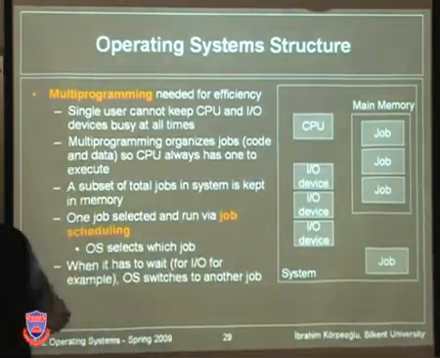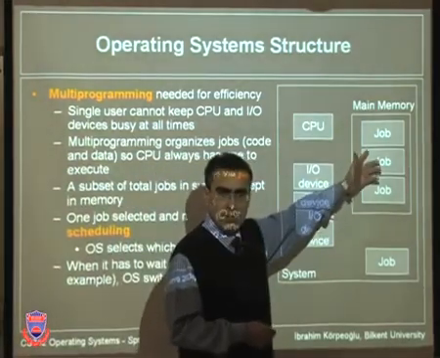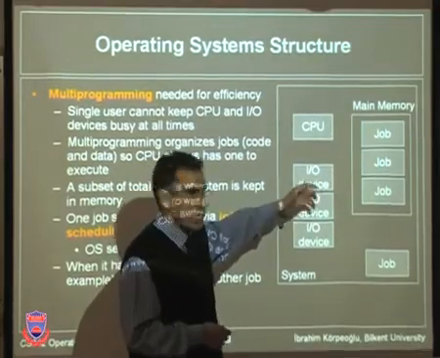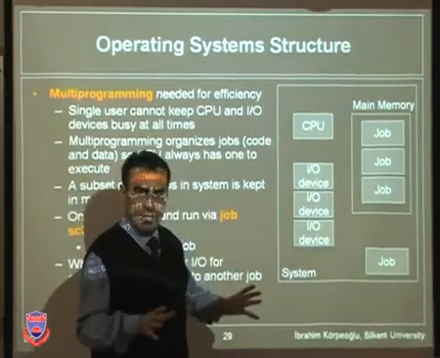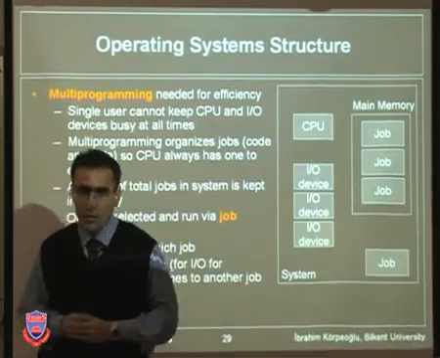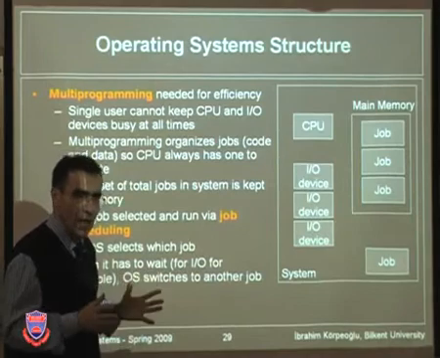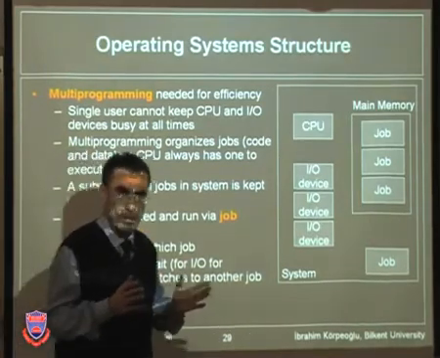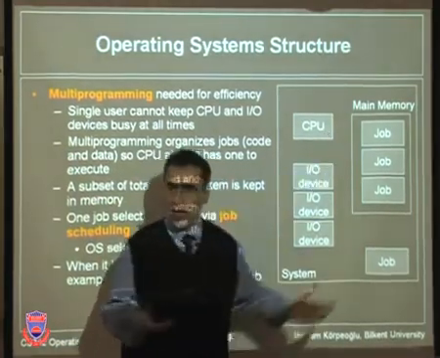But if you have multiple jobs available in the RAM, what will happen? If one of the jobs is waiting for some I/O device, the probability that another job is also waiting for I/O is reduced. If you have more jobs, that probability is reduced even more. So if you have several jobs, the probability that all of them are doing I/O, hence waiting and not running, is quite low. That means at least one of them can run on the CPU. Then what is the benefit?